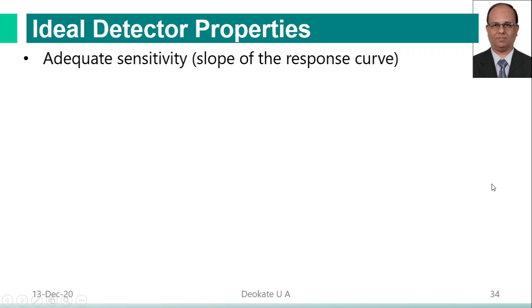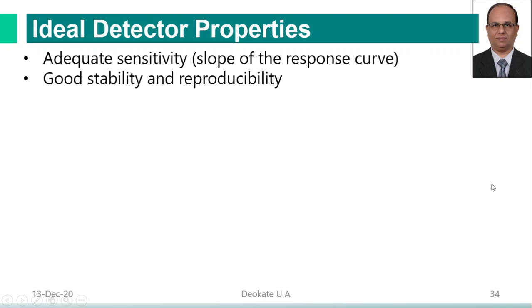The first one is the flame ionization detector. But before that, we'll see the ideal detector properties. The ideal detector properties include adequate sensitivity, that is the slope of the response curve should be linear with the detector.